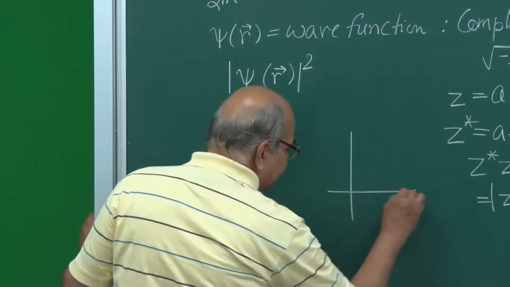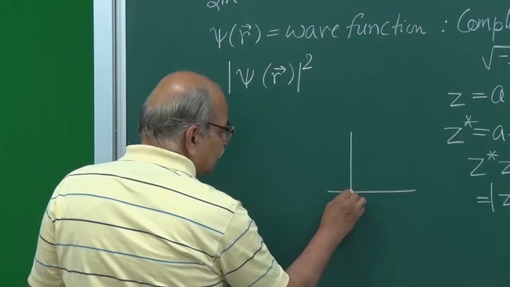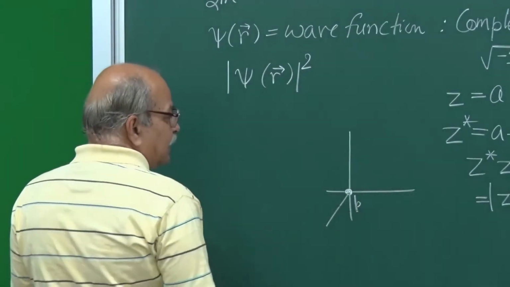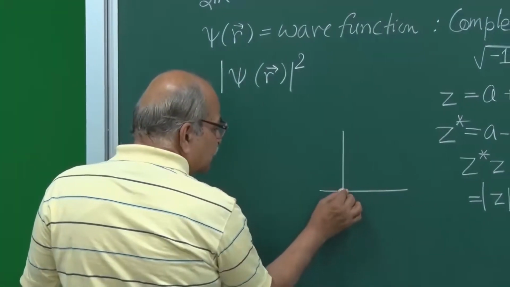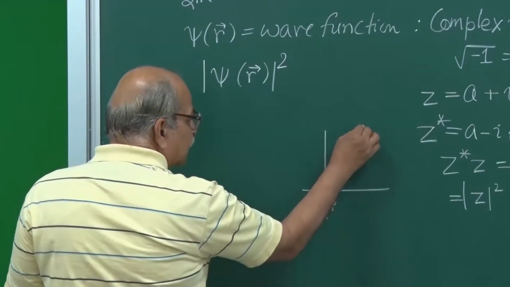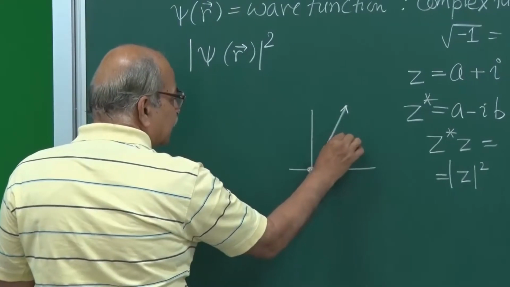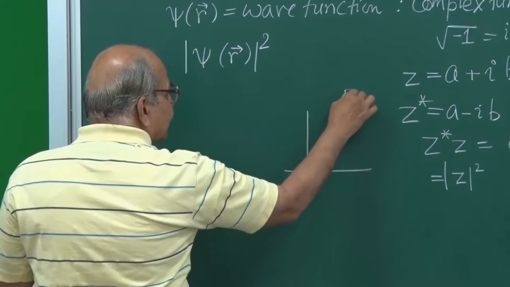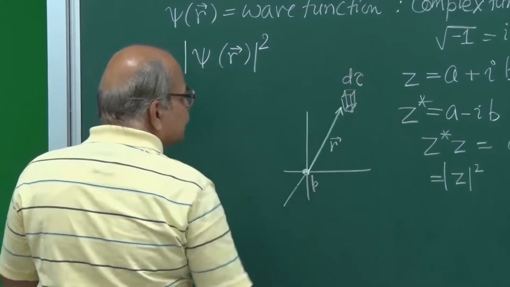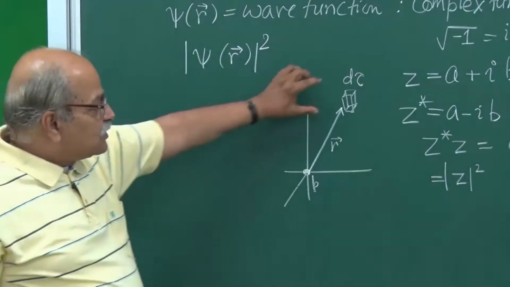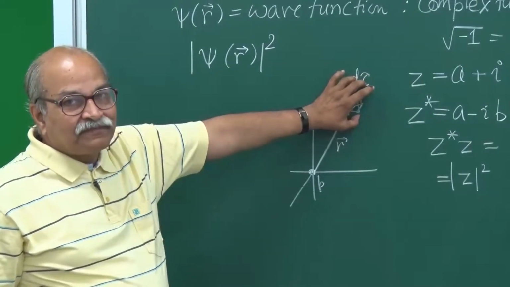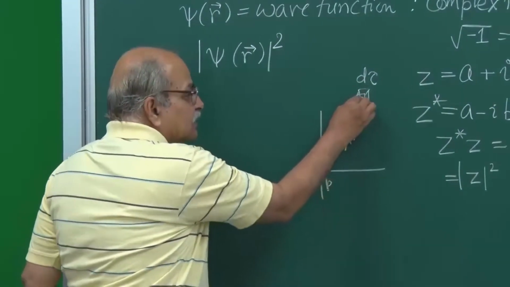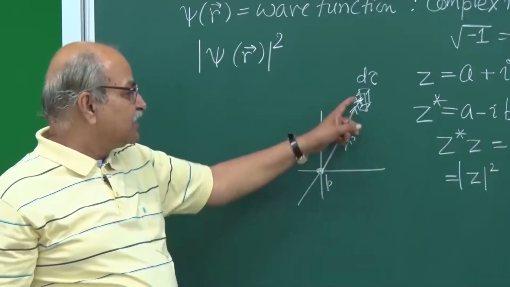Suppose here is that proton sitting at the origin and the electron can be somewhere, and you want to know that at this position r, let us say this is the position vector r. So, here I construct a small volume, and that small volume is, let us say, d tau. So, you have a small volume d tau constructed at this point, and that point has position vector r.